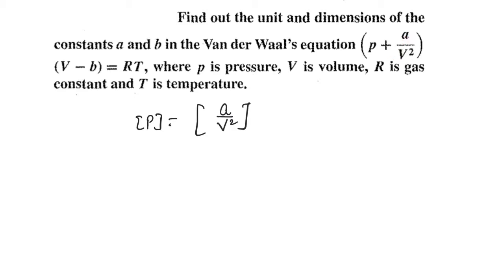So A upon V square is equal to the dimensions of pressure. देखो, what are the dimensions of pressure, class? That is force divided by area. What is force? MLT minus 2. What is area? L2. So L will come up: ML minus 1, T minus 2.